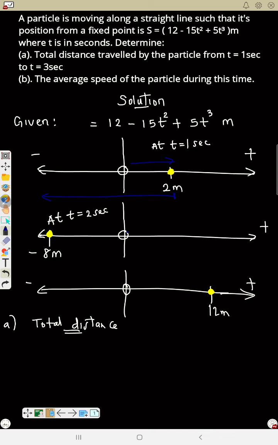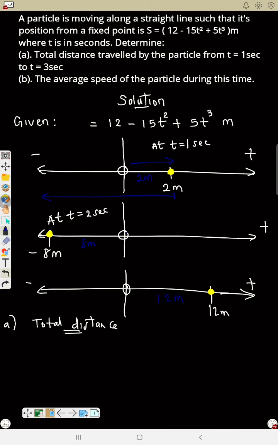And here, do you remember, this is your origin, the starting point. Here it means from the starting point, it covers 2 meter. Here it means again from the starting point, it covers 8 meter, but it's in the negative direction. But since it's distance, we don't consider negative. So for distance, we consider positive. That means the distance it covers here will be equal to 2 meter and here 8 meter. From the origin again, it covers from here to here as 12 meter.